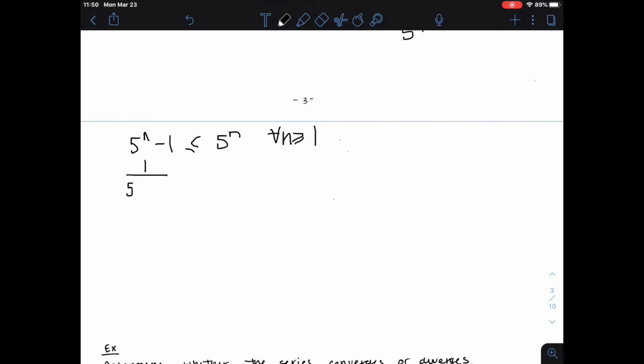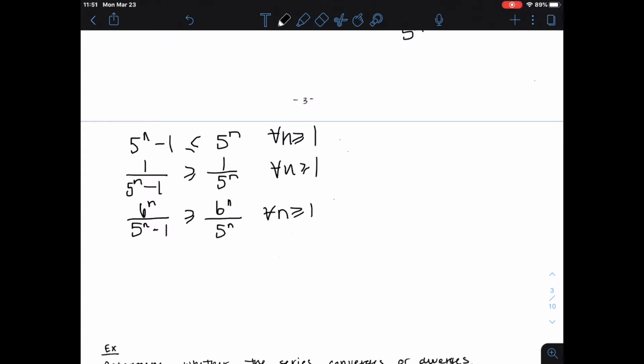So when you flip them, you get the reverse inequality, and that's true for all n greater than or equal to 1. Now you can multiply by 6 to the n. So you get 6 to the n over 5 to the n minus 1 is greater than or equal to 6 to the n over 5 to the n for all n greater than or equal to 1. Okay? So the terms in our series are bigger than the terms in the geometric series that's divergent.